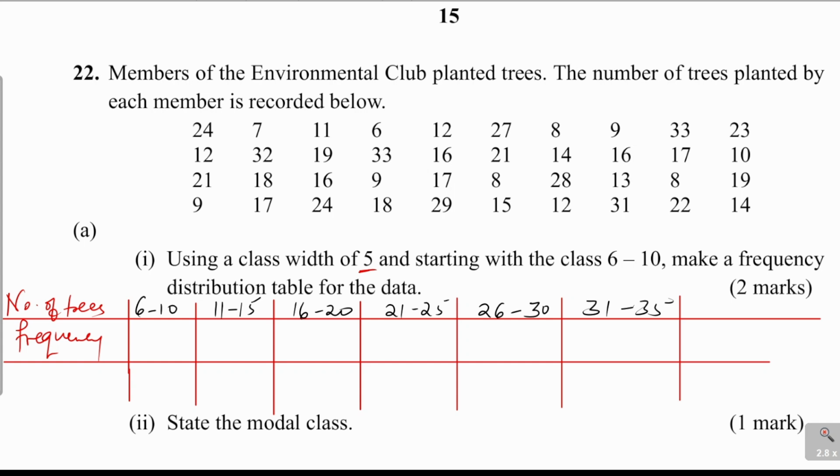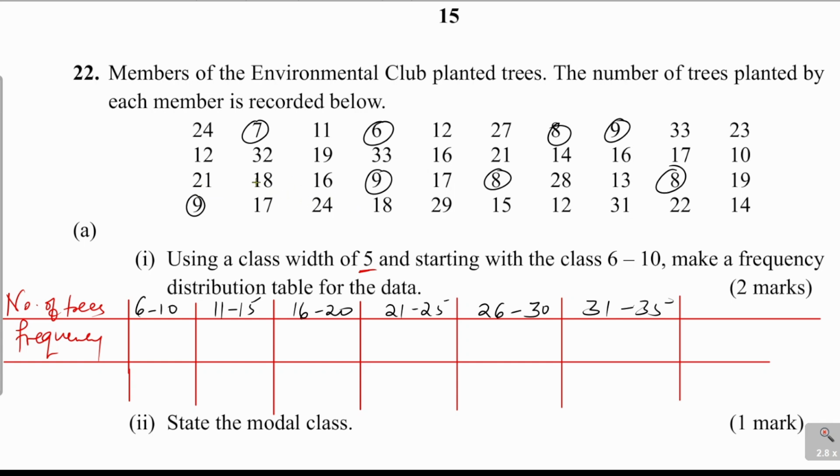6 to 10, we count any value or figure that is in between there. So 6 to 10, you have 1 there, and another one here. Let me see, 1 2 3 4 5 6 7.